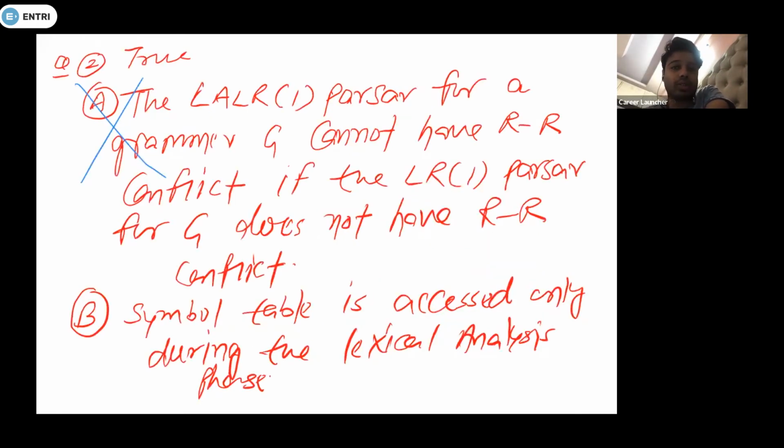Okay. The second one, that the symbol table is accessed only during lexical analysis, is a false one. Symbol table is accessed by all phases of the compiler.